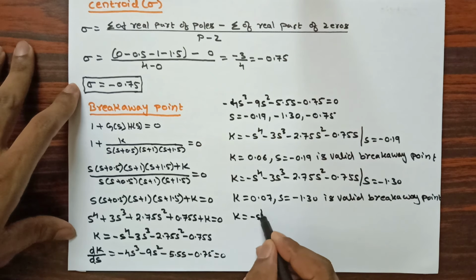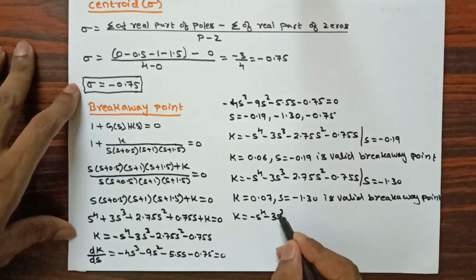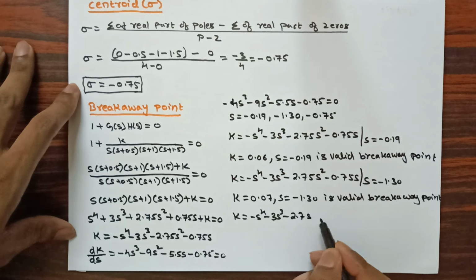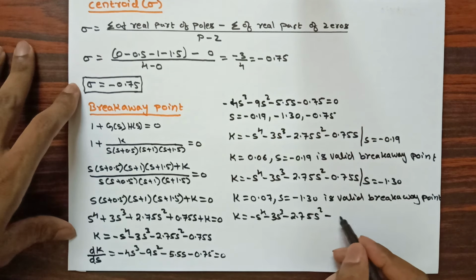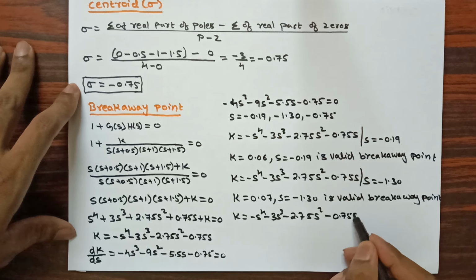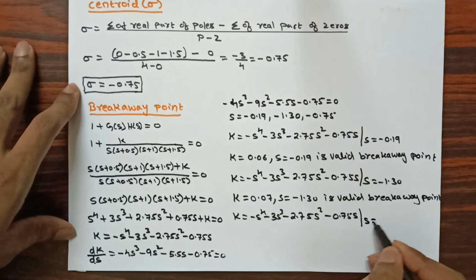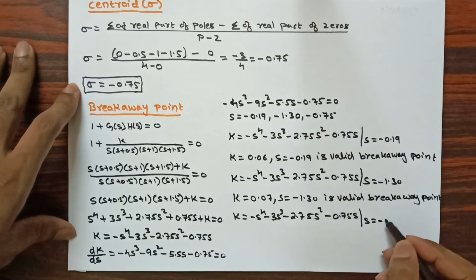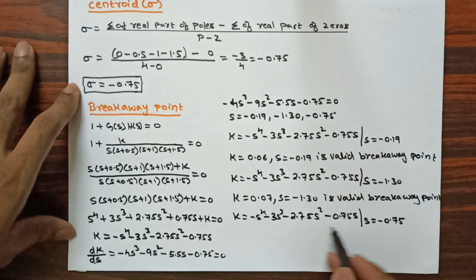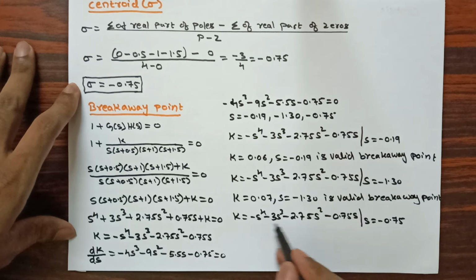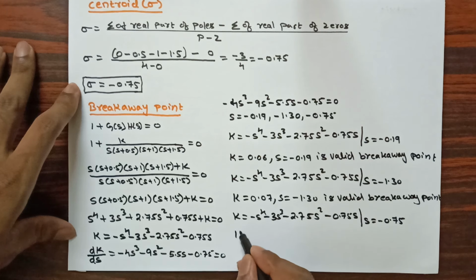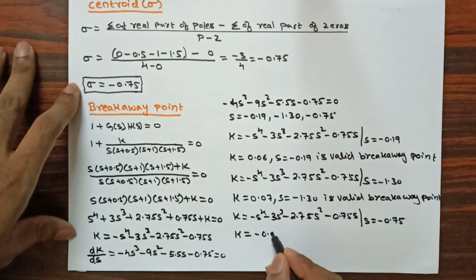Next I will check for minus 0.75. k is equivalent to minus s to the power 4 minus 3s to the power 3 minus 2.75 s to the power 2 minus 0.75 s. Now when I substitute s is equal to minus 0.75 in this k equation, I am getting k equivalent to minus 0.03.